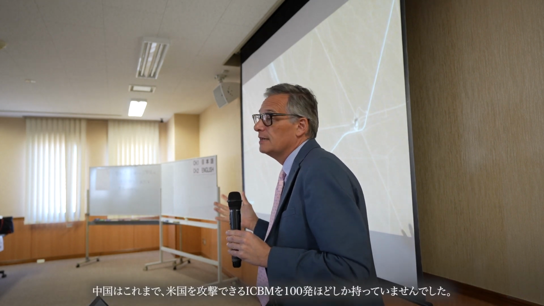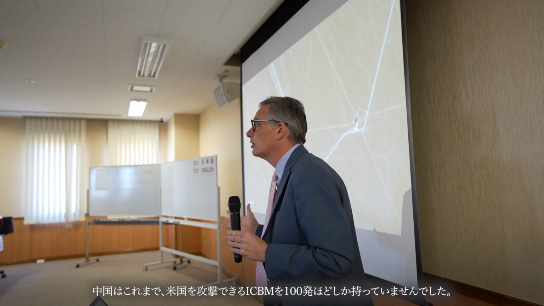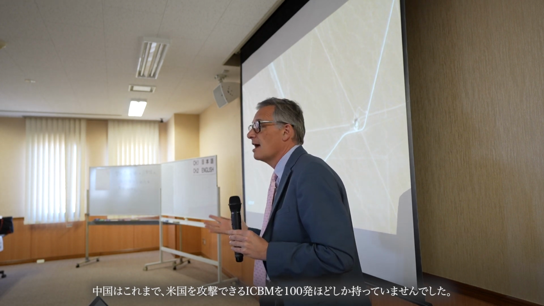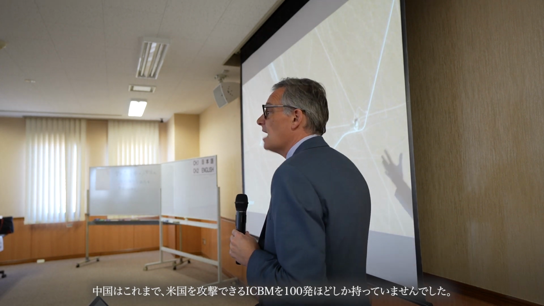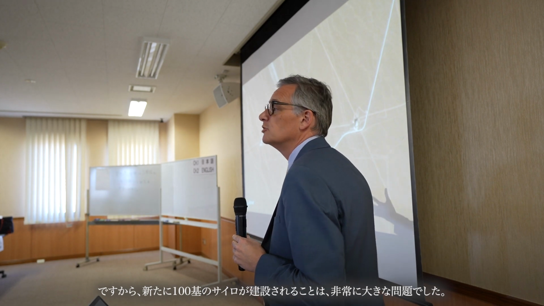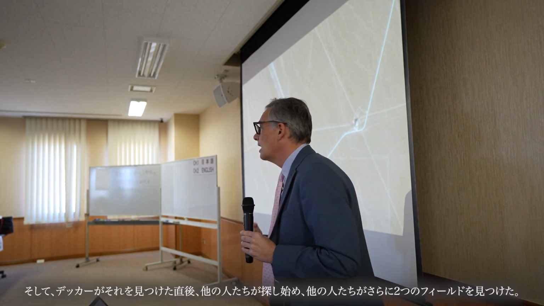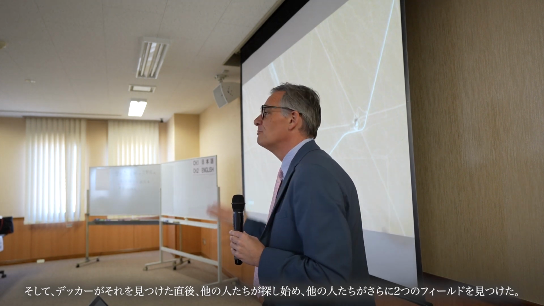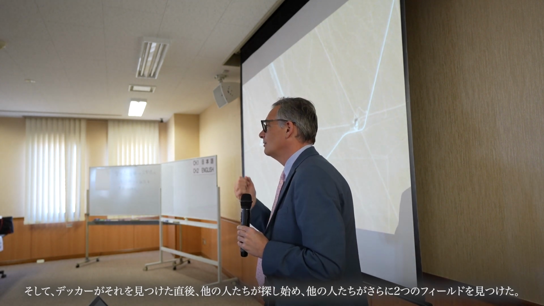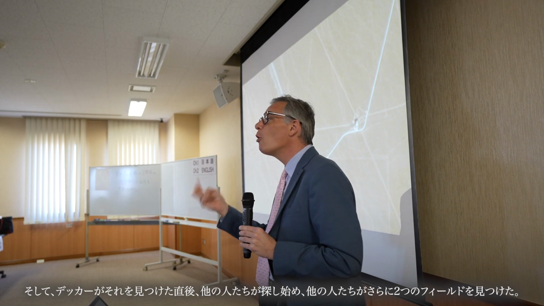Now, China really previously only had about 100 ICBMs that could strike the United States. So to see 100 new silos being constructed was an enormous find. And shortly after Decker found that, other people started looking, and other people found 2 more fields.